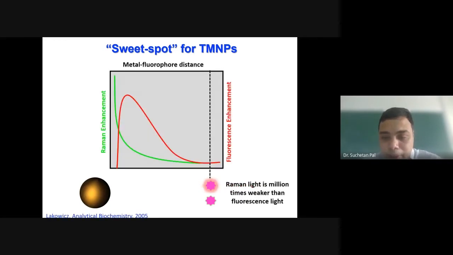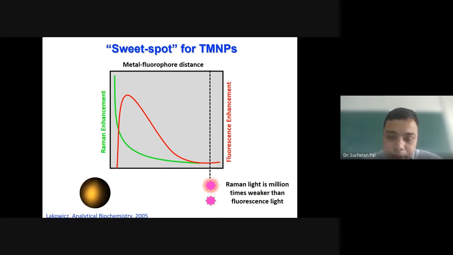Fluorescence is at least 10 to the power 6 times higher in intensity compared to the Raman light in isolated dyes. If you have a nanoparticle and the dye is far away from the nanoparticle, this is the case.